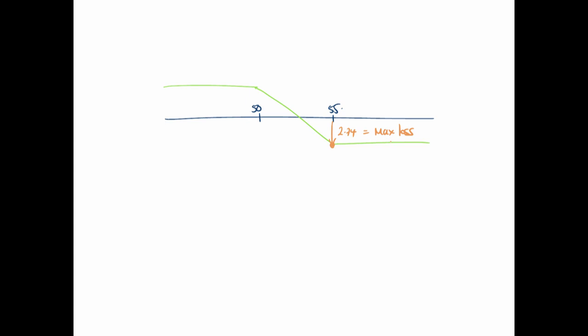So what you can do now, without any further thought, you can just look for triangles. If this is $2.74, this horizontal distance must be $2.74. So now you have the break even relatively quickly. The break even must be 55 minus $2.74, which is 52.26.